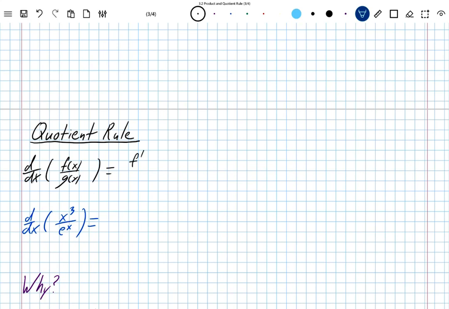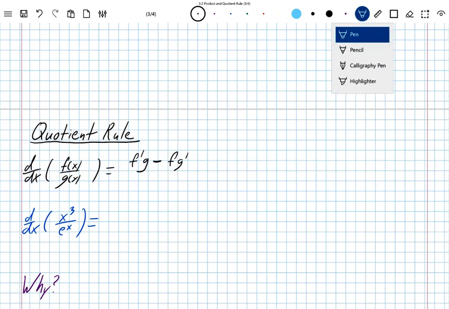f prime times g, just like before. f times g prime, just like before, but now we need a minus. That minus is going to mean that the order really matters. That we take the derivative of the top times the bottom minus the derivative of the bottom times the top. If we get that order wrong, we're going to get a negative because of that minus.